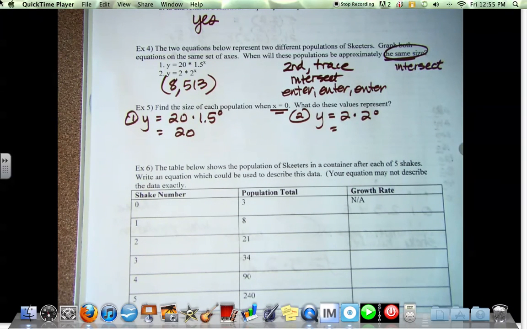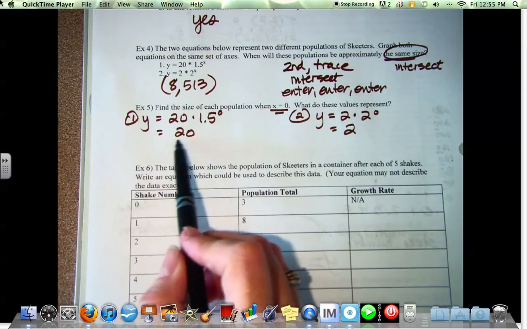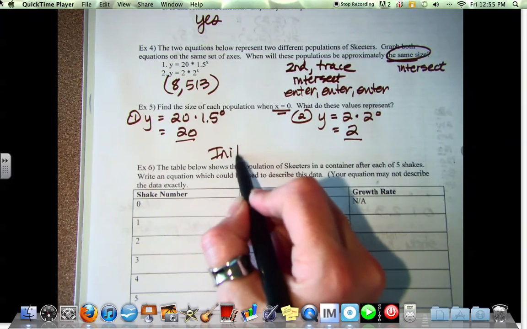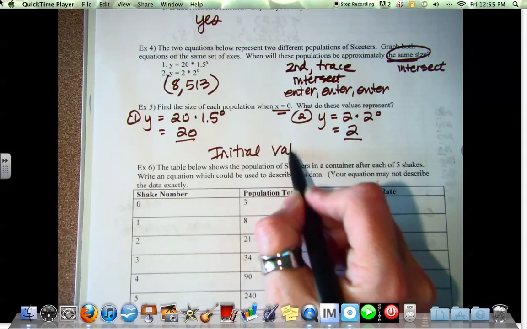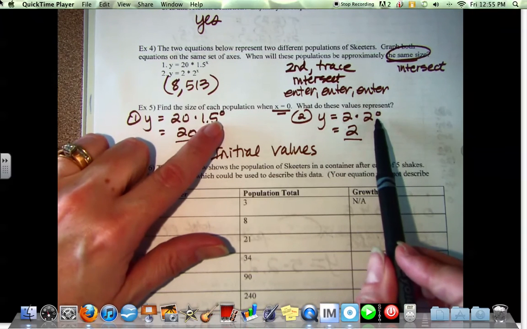What's 2 to the 0 power? 1. 1 times 2 is? 2. What do these values represent in the equation? Initial values. Anytime you raise it to the 0 power, that's your initial value.